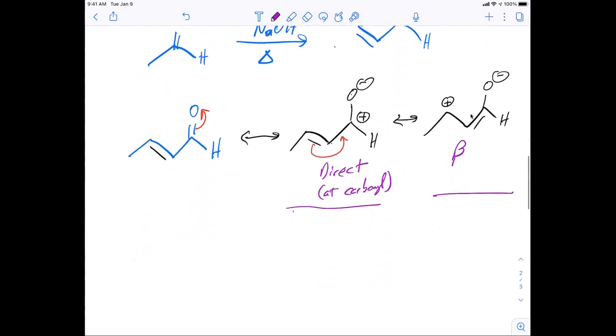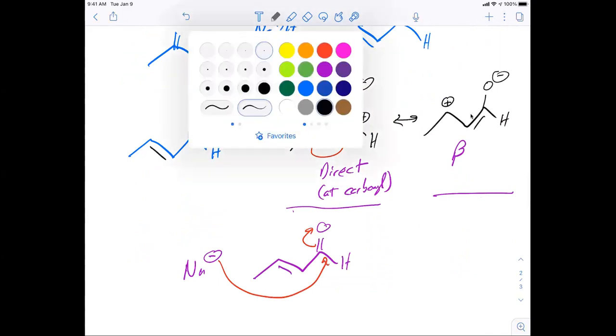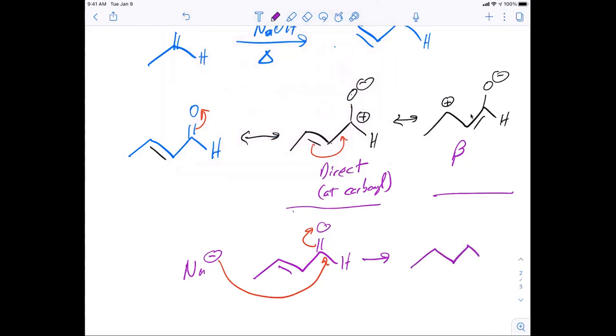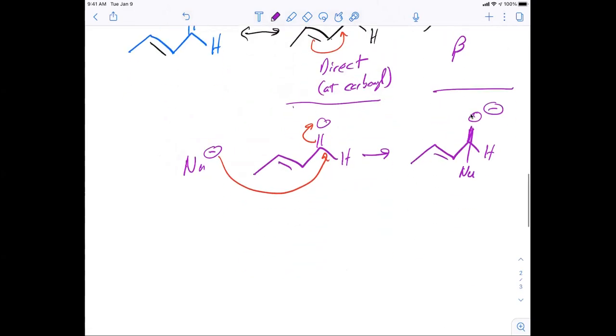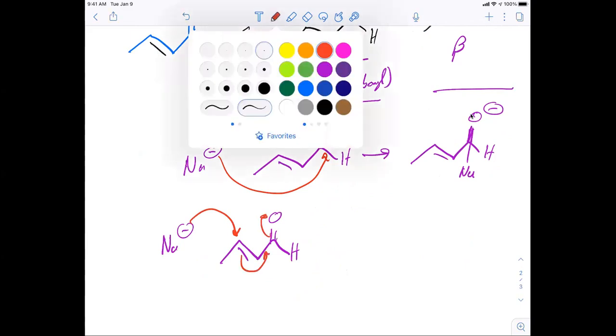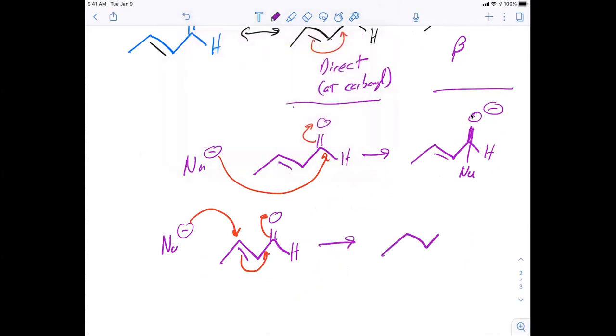So if we had a nucleophile coming in, the nucleophile could attack at the direct position to give me this, or the nucleophile could have reacted at the beta position to give me this.